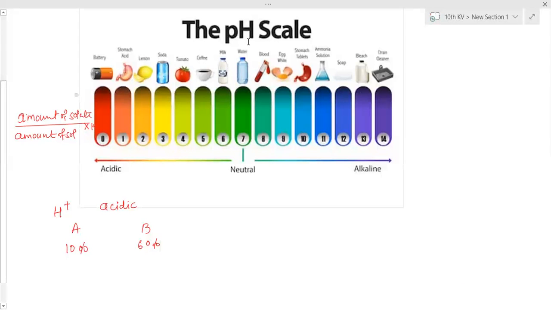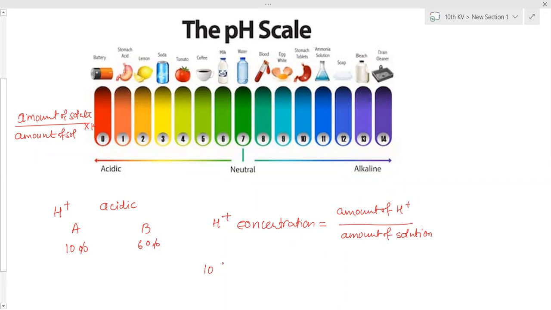Instead of percentage, hydrogen ion concentration is expressed as the amount of H plus ions divided by the amount of solution of that acid. Don't multiply by 100. This is always represented in the form 10 to the power minus n.